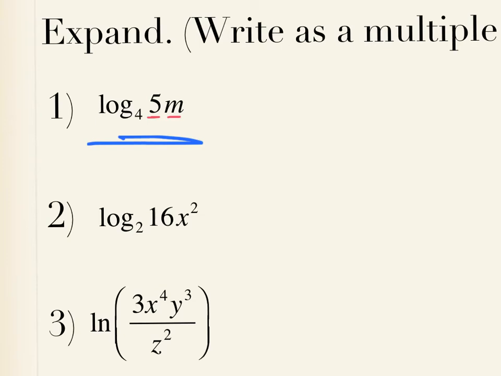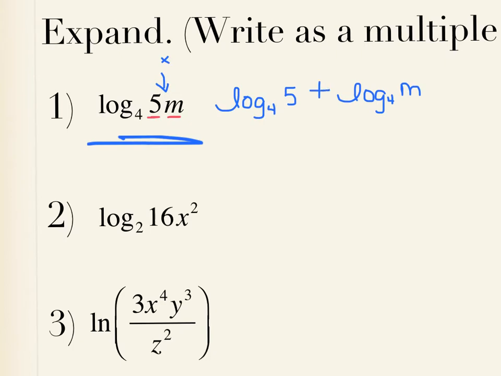And because this right here is multiplication, when I write that like that, 5 times m, I'm going to turn that into addition. So I'm going to say log base 4 of 5, plus log base 4 of m. So that's really just separating the two pieces. And then because that's multiplication, I'm going to combine them with addition.